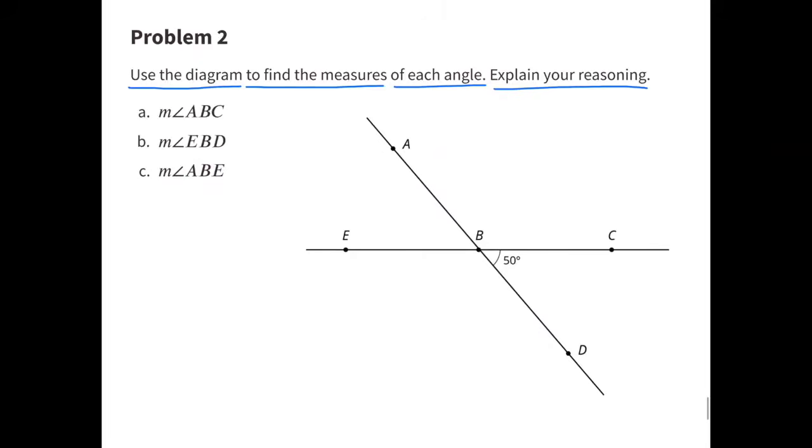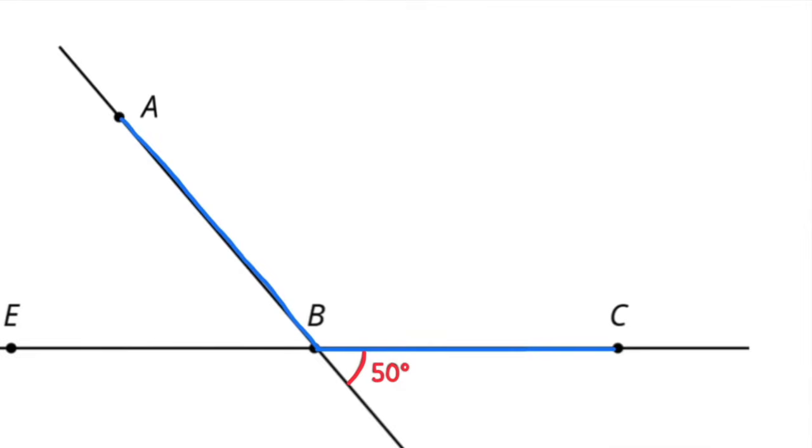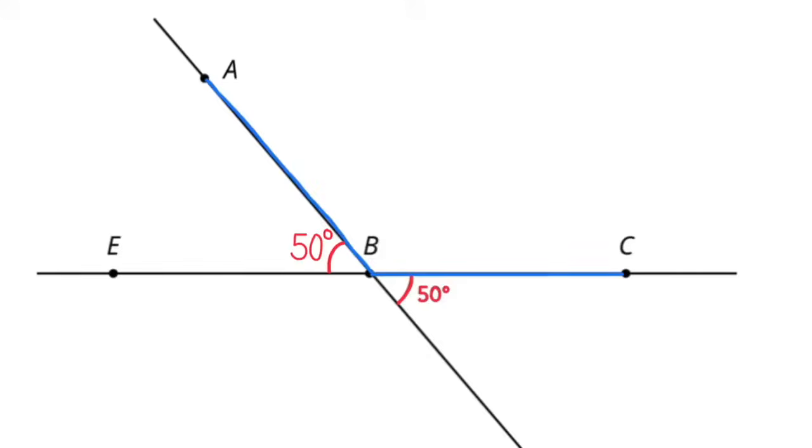Number 2. Use the diagram to find the measures of each angle. Explain your reasoning. A. What is the measure of angle ABC? I've highlighted angle ABC in blue and I've highlighted 50 degrees in red. Vertical angles, or opposite angles, share the same vertex and their angle measures are equal.